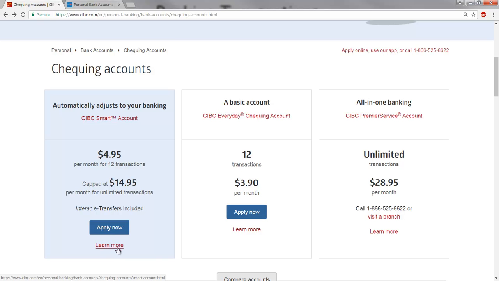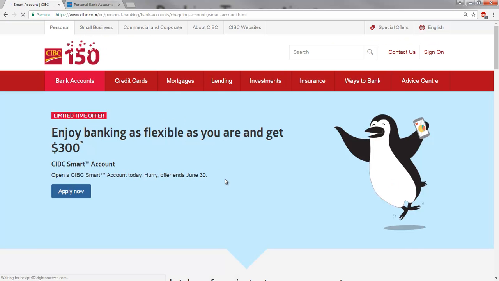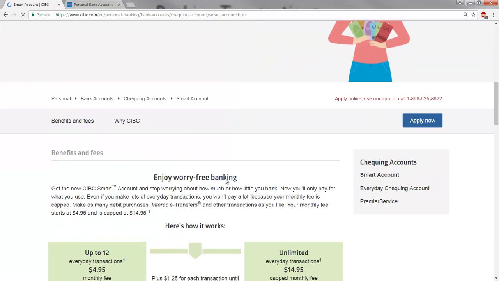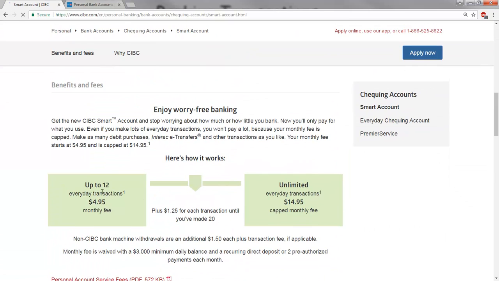Now, if you go into the Learn More here, you can get a few more details. It shows you it's up to 12 transactions for $4.95 a month. And then after that, you pay $1.25 for each one you've made until you get to 20. It is capped at $14.95, but past the 12, you're paying $1.25 for every one. And it would be more.